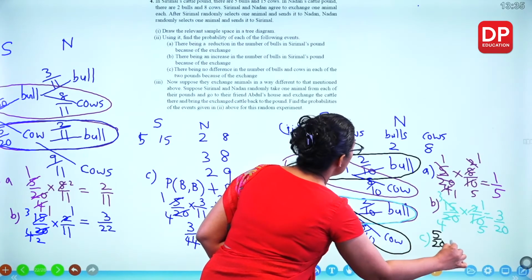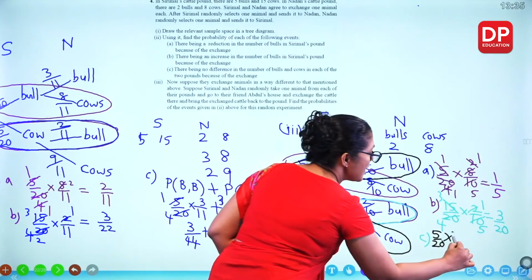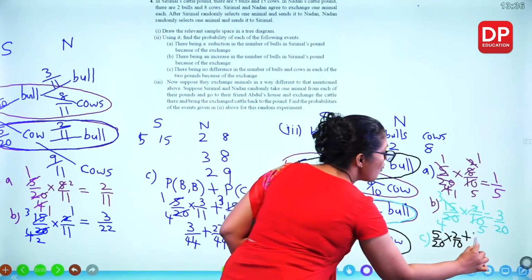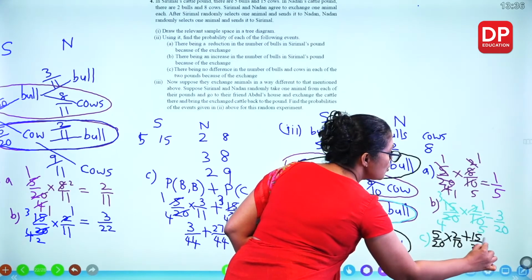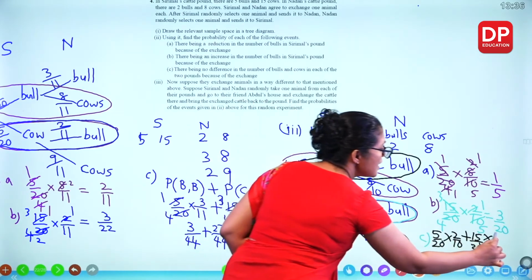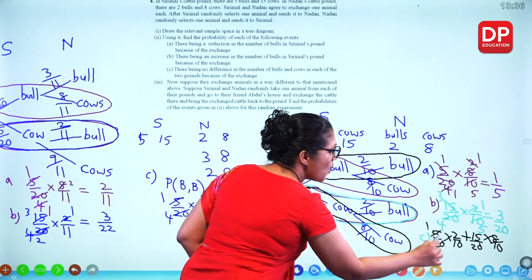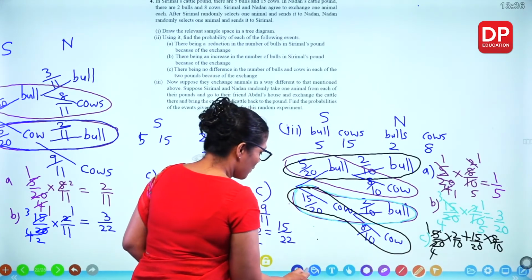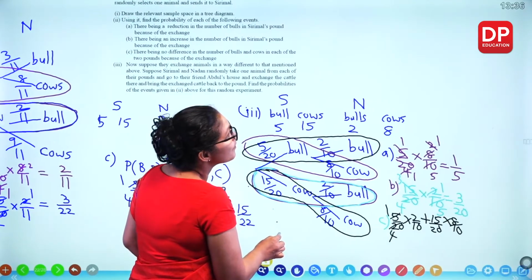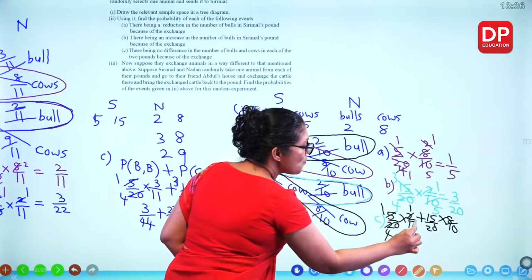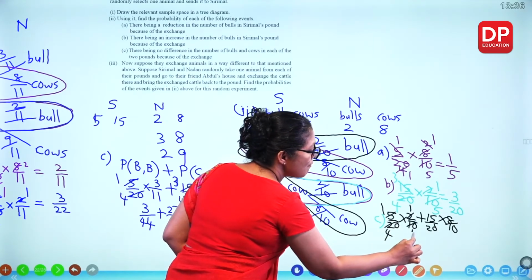So what's the probability? 5/20 into 2/10 plus 15/20 into 8/10. Now simplify this. 5 times 1, 5 times 4. So we'll simplify this one. And here 2 times 1, 2 times 5.